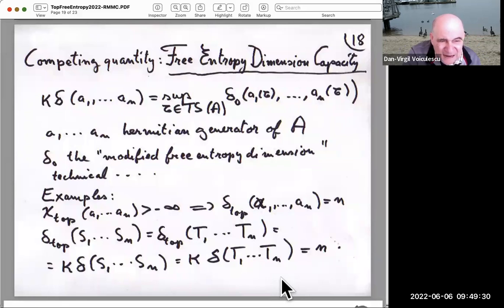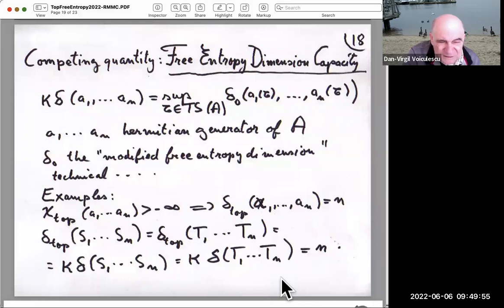And examples, for instance, of such situations is that if the topological free entropy is finite, so if it's not minus infinity, then the topological free entropy dimension must be n.